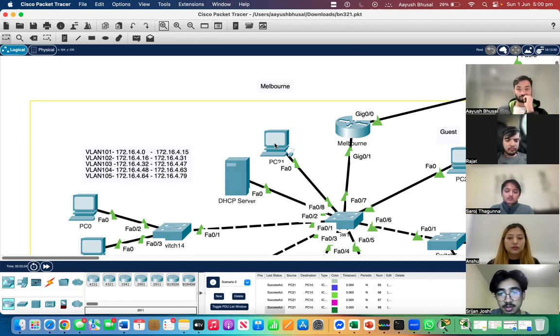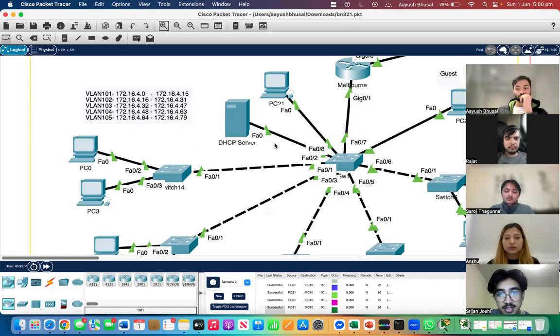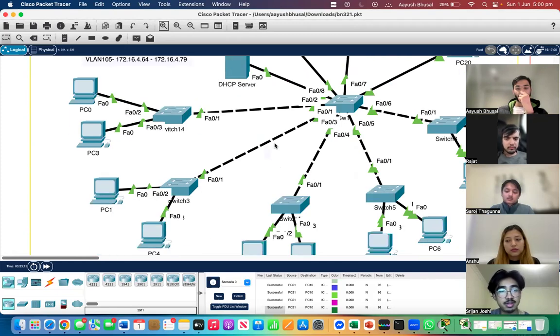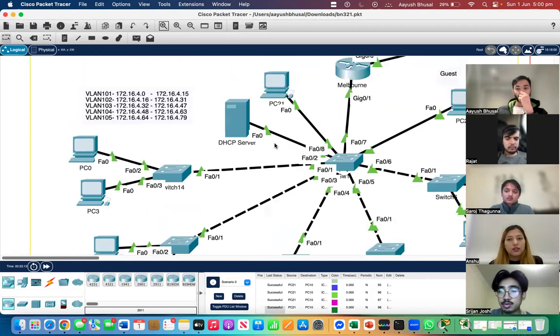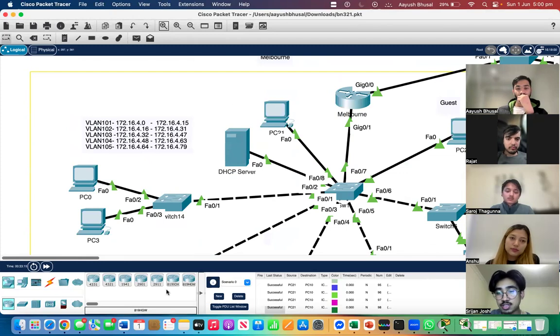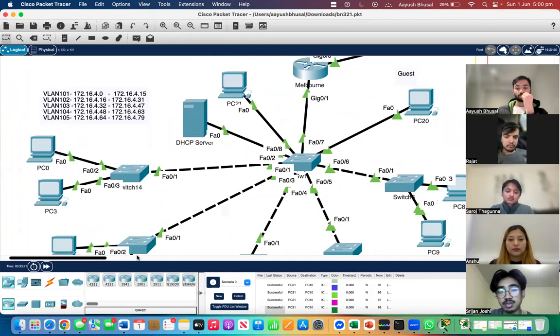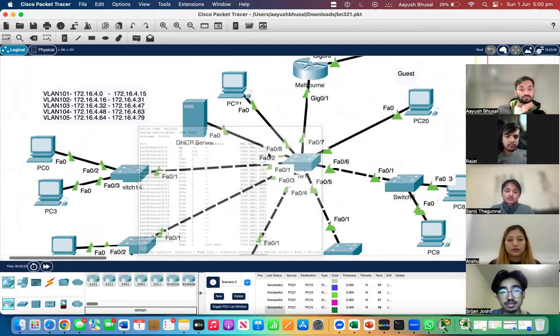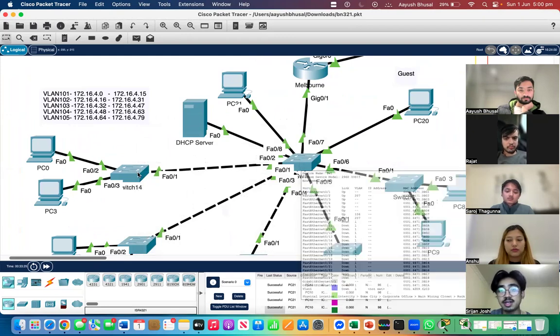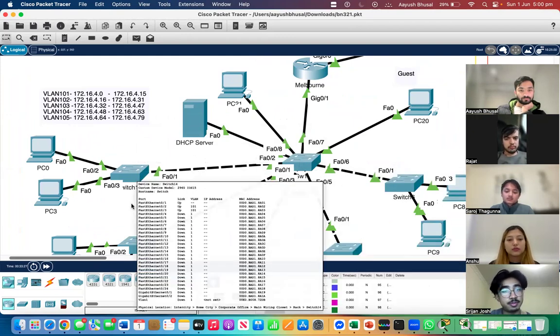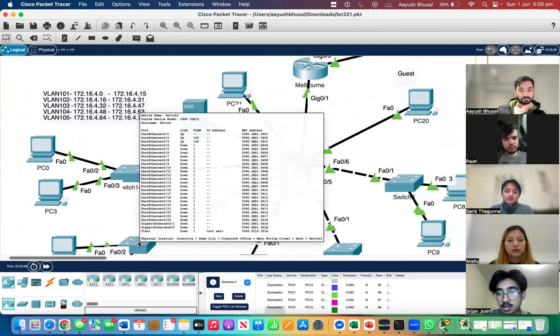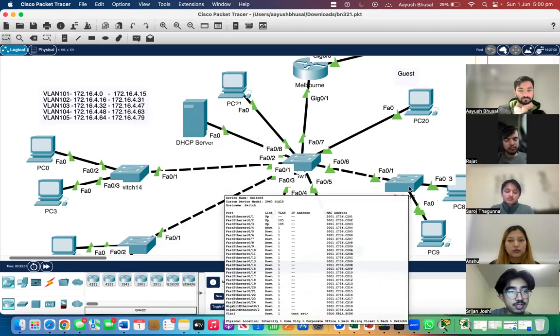The sales department has VLANs 101, 102, 103, 104, 105 for sales, marketing, finance, management, and customer support. We have configured VLANs in every department switch, but not in the main switch, because it has to be trunked with the switches. Also the same for the Brisbane office.